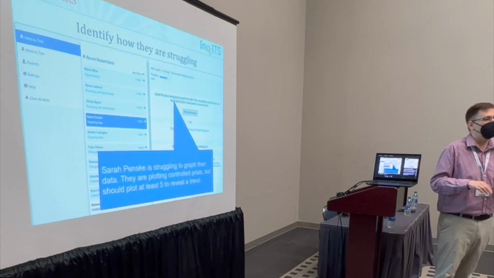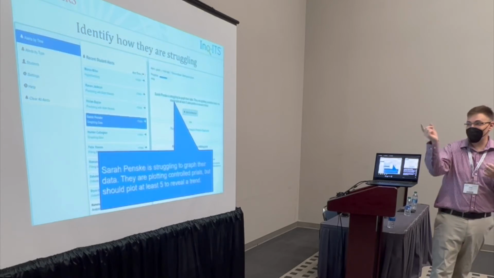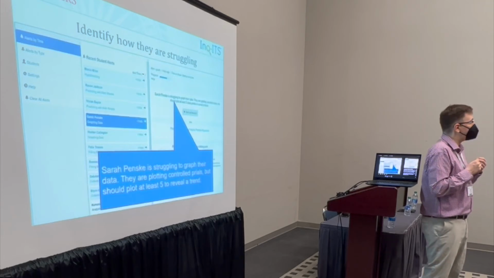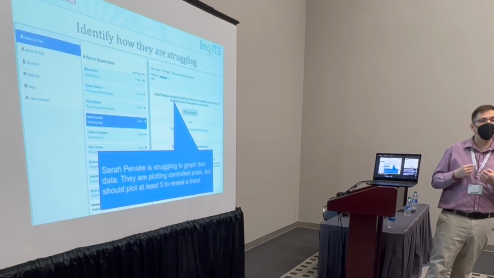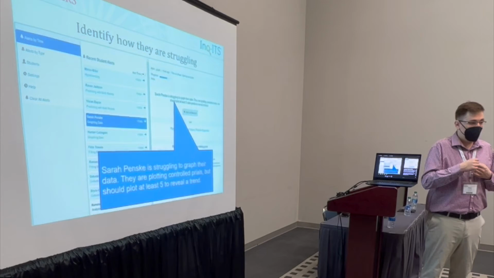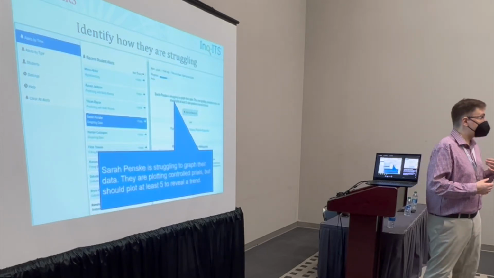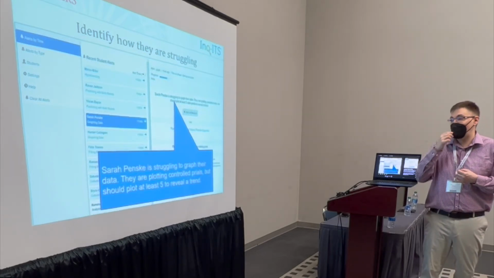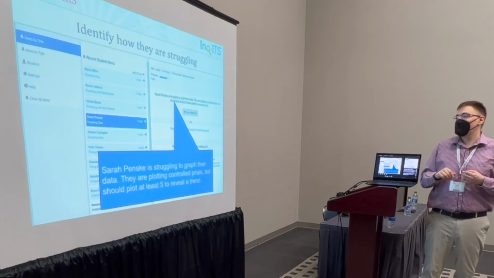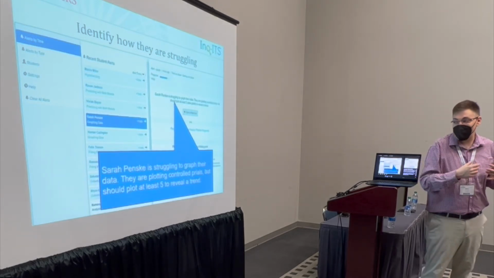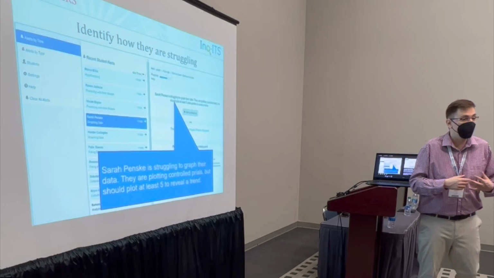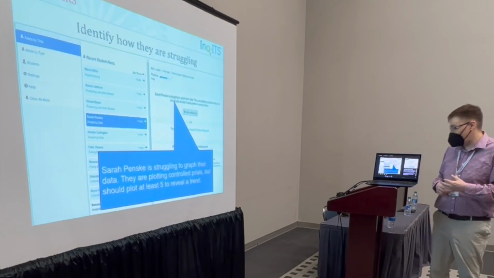We're assessing all those different misconceptions and difficulties that they might have in a very fine-grained way, and turning that into actionable information for teachers so that you know exactly who's struggling and how. For example here, they're having trouble because they haven't picked enough trials to reveal a trend in their data. So you could theoretically go over and help them.